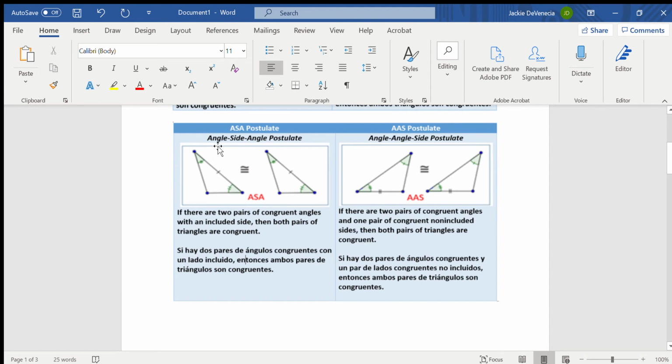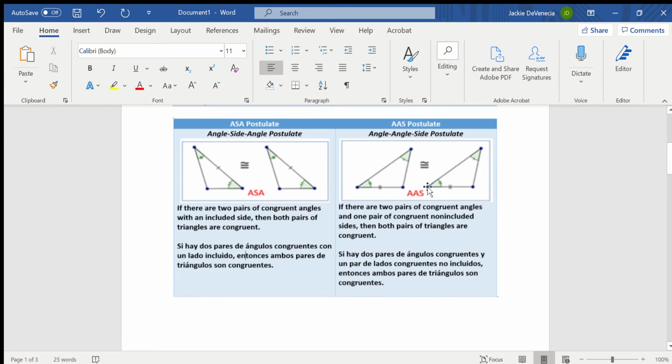Next, we have the angle side angle postulate. So that's just saying if you can find two pairs of congruent angles with the matching sides in the middle of those congruent angles, then you can say the whole triangle is congruent. And then over here, angle, angle, side postulate, this is just saying when you have two pairs of congruent angles and you have that matching pair of sides, it doesn't have to be in the middle of the angles.